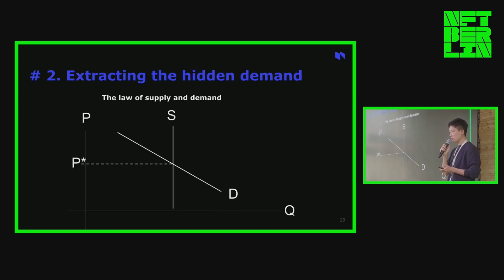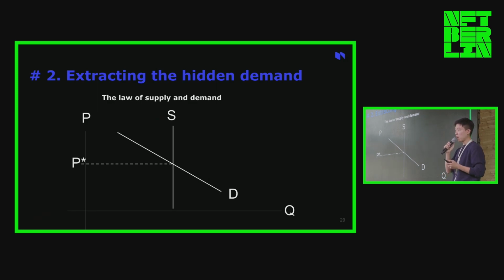Second, extracting the hidden demand. Economics 101. The law of supply and demand governs the price, right? This is a theory. This often doesn't work in practice. But we try to formulate our problem in a simpler way so that we can tackle the problem in a more confined way.